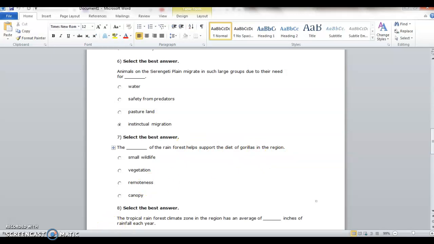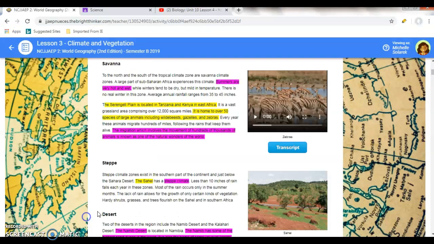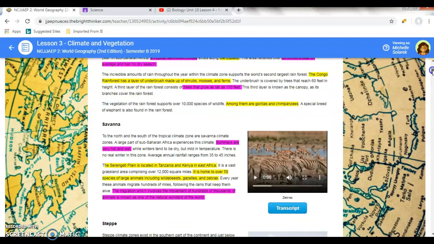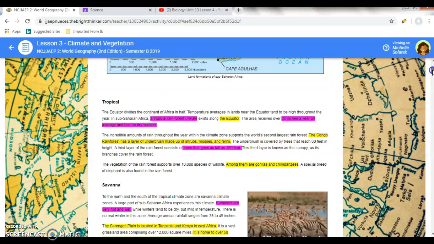Number 7, the blank of the rainforest helps to support the diet of gorillas in the region. So we find this by going, I believe, up. Yes. The answer is actually vegetation. If I could go ahead and highlight that for y'all, as I failed to do that.